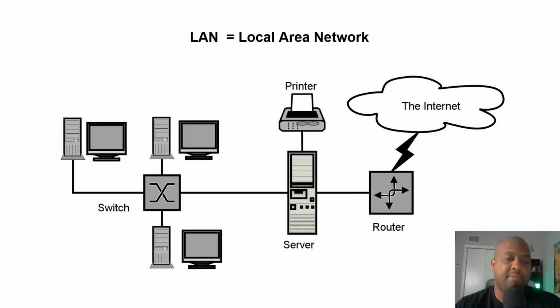A lot of times, if you're in an office building, you'll have a computer that you're using. So you'll have maybe a desktop PC and a monitor, and then you will have a physical connection into a network device that will be the first layer of connectivity into the network, and a lot of times that's a switch.